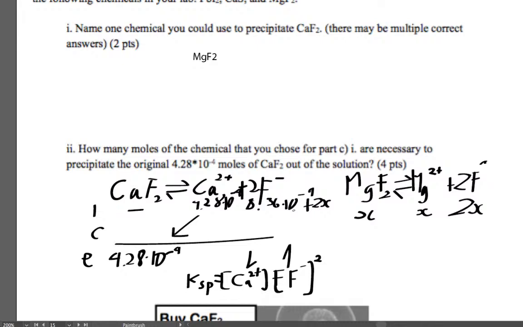Yeah, it won't be enough, because even if you just add in the 2x there, the calcium you have won't be enough, which is the problem.